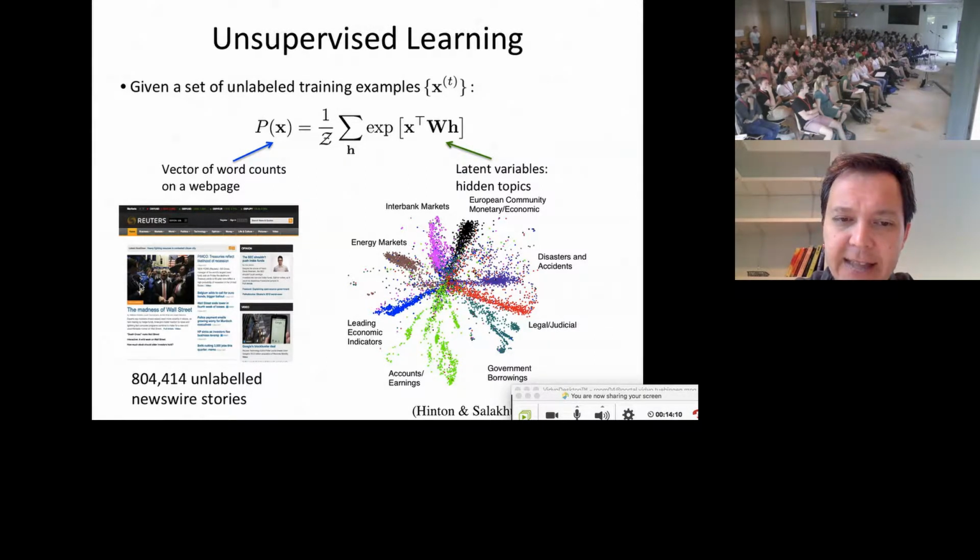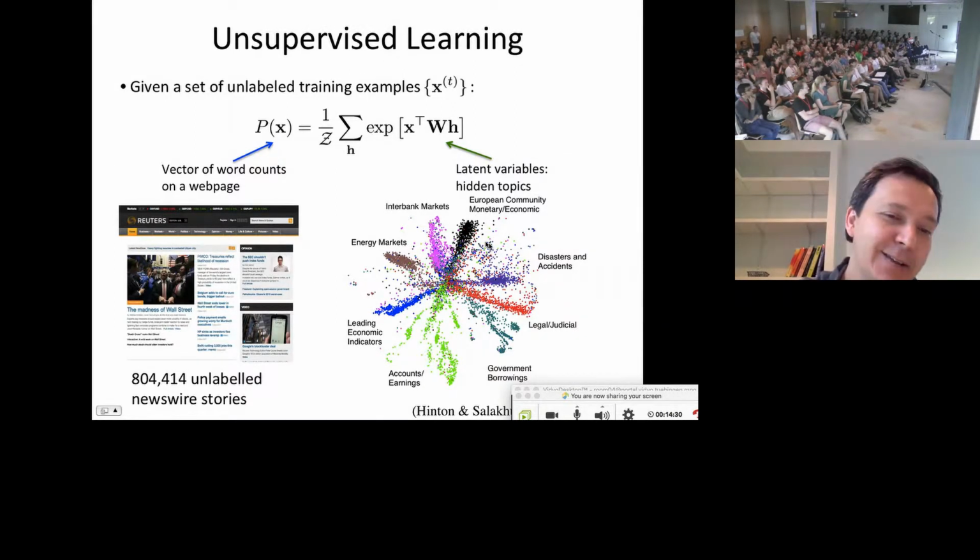You can see that it nicely separates different classes, even though we didn't provide the model with the classes. And if you look at that particular piece, it's kind of interesting: sometimes you get a confusion between disasters and accidents, and they lie next to European community monetary and economic policies. That's something the model is discovering, which is very funny.